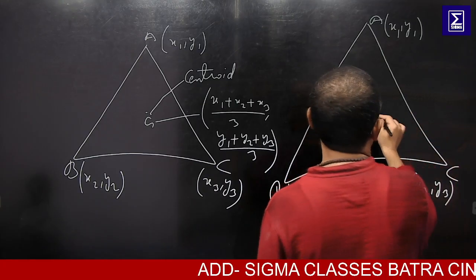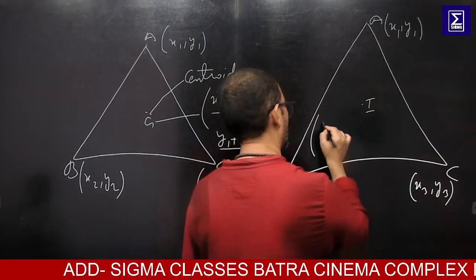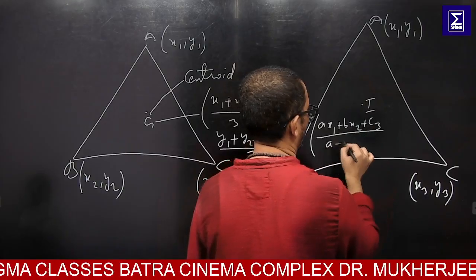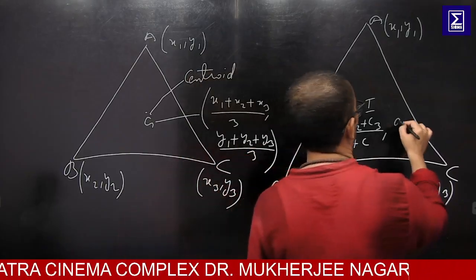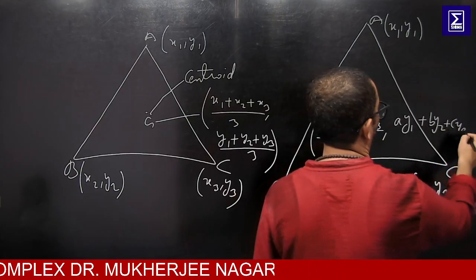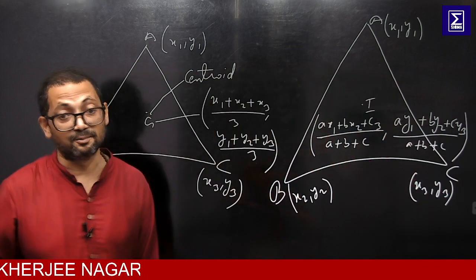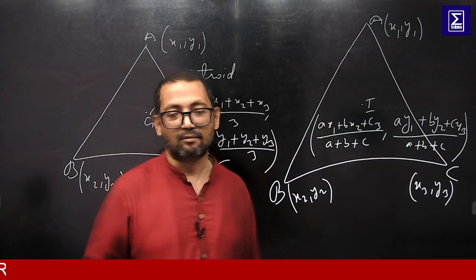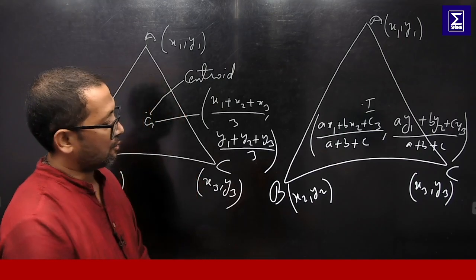This is your incenter I. Then the coordinate of the incenter is (ax1 plus bx2 plus cx3) upon (a plus b plus c), and (ay1 plus by2 plus cy3) upon (a plus b plus c), where a, b, c are the sides of the triangle and (x1, y1), (x2, y2), (x3, y3) are the coordinates of the vertices of the triangle, right?